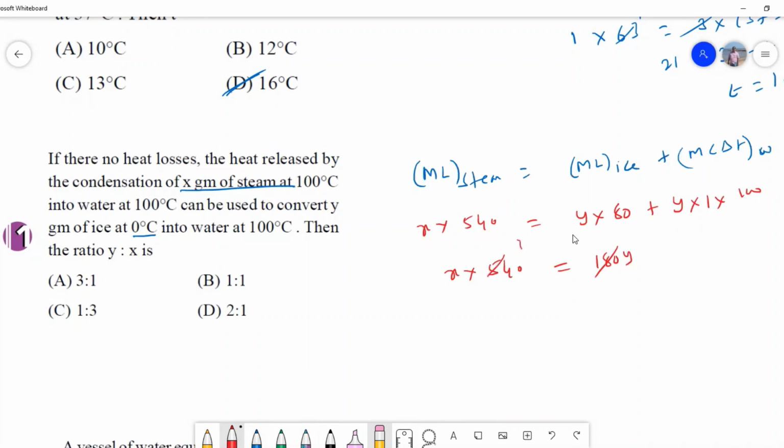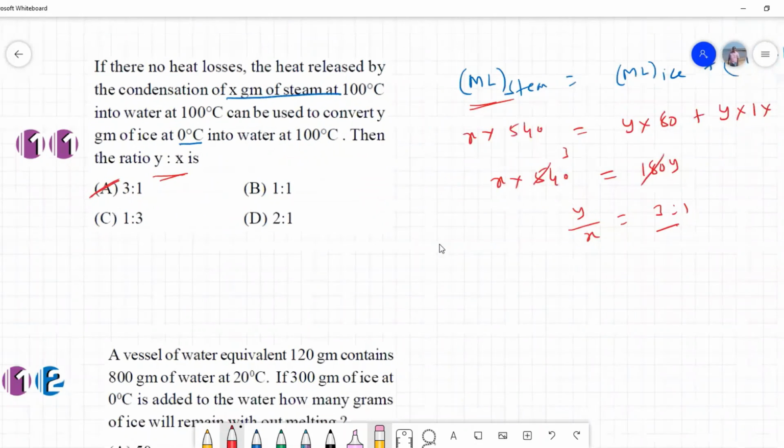This will go by 3 times. So Y upon X is equal to, because it's asking Y to X, so the answer is 3:1. So here steam just becomes water, but ice on heating melts then becomes water. So that's why we have to use both the steps there.